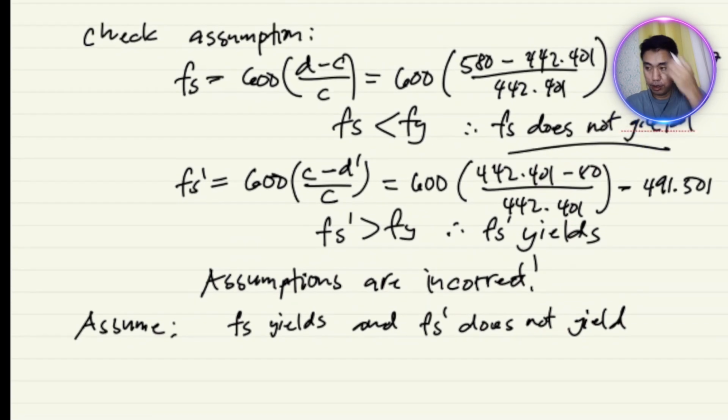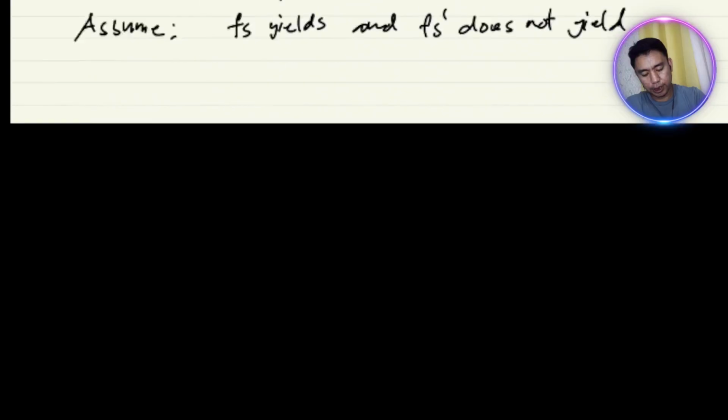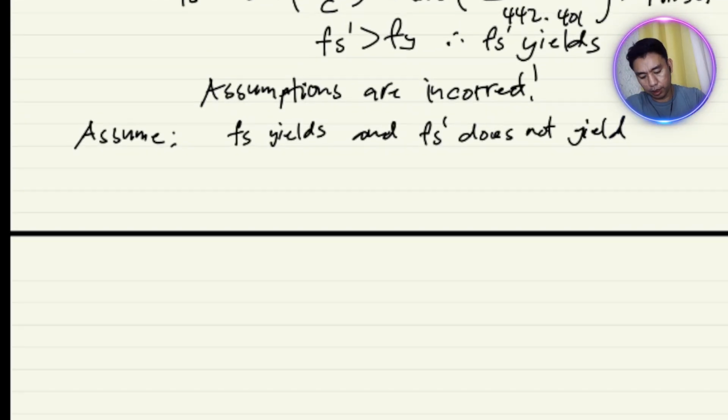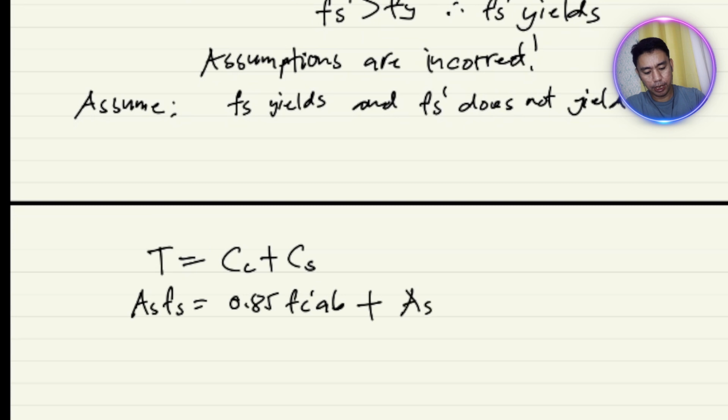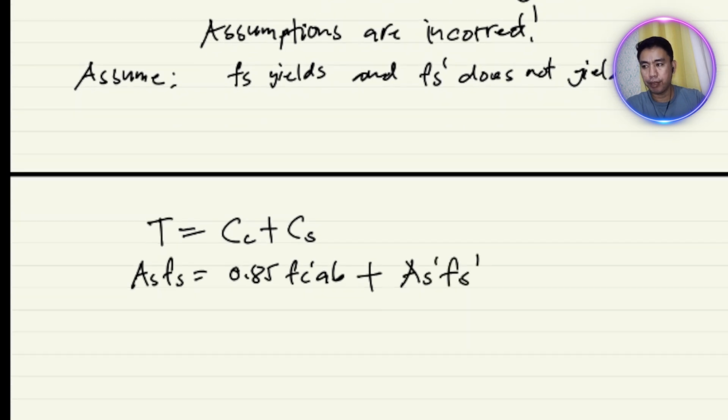Okay, so we'll go back to the basic equation. Total tension is equal to total compression, Cc plus Cs, compression ng concrete and compression ng steel. Ano yun? As Fs is equal to 0.85 Fc prime ab plus As prime Fs prime.